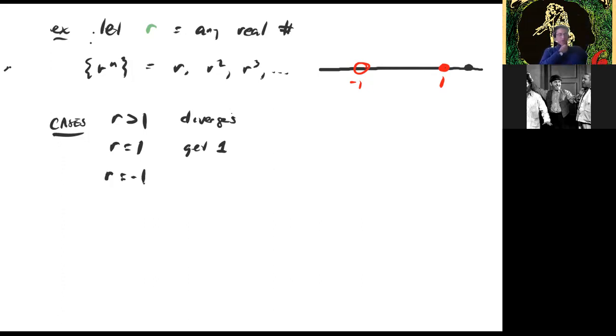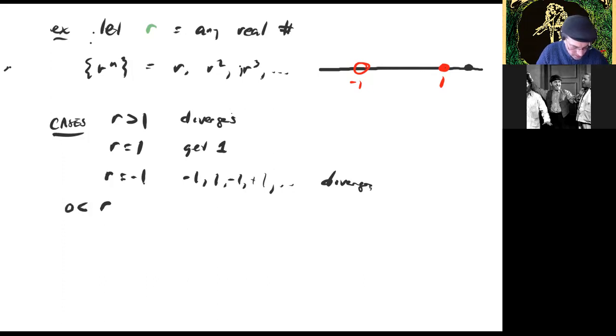Then you're going to have an alternating sequence: -1, +1, -1, +1. This sequence is jumping up and down, oscillating between -1 and 1. It doesn't converge to anything. It diverges.